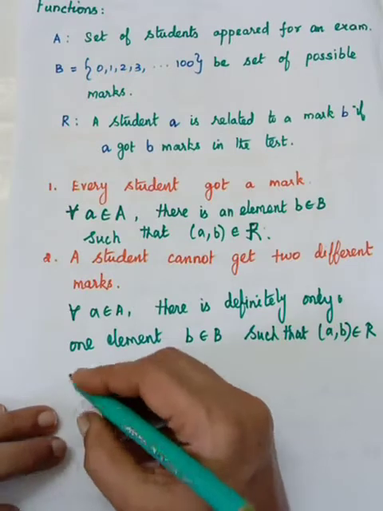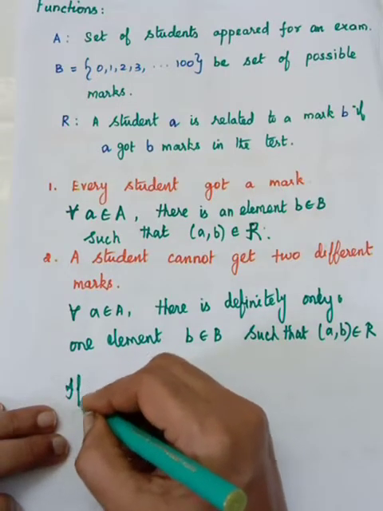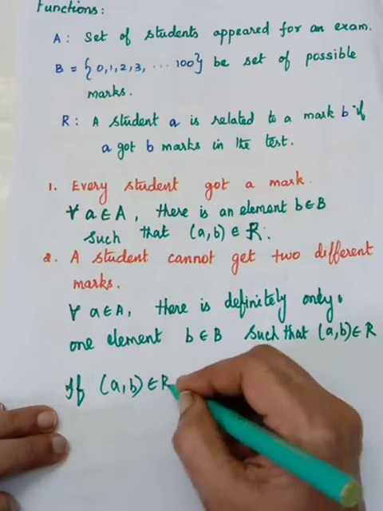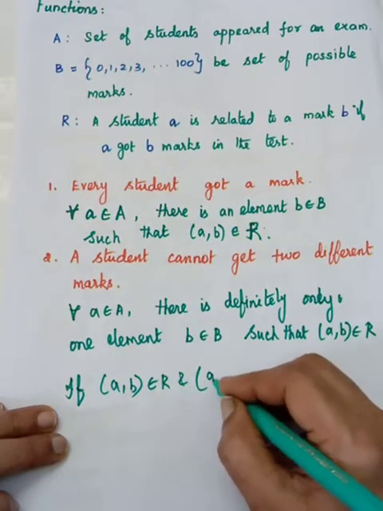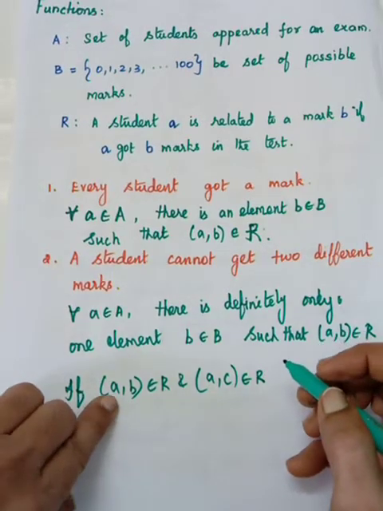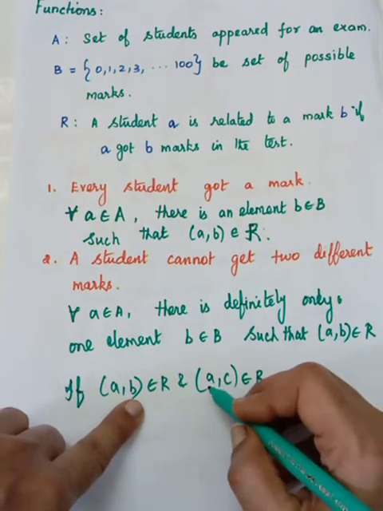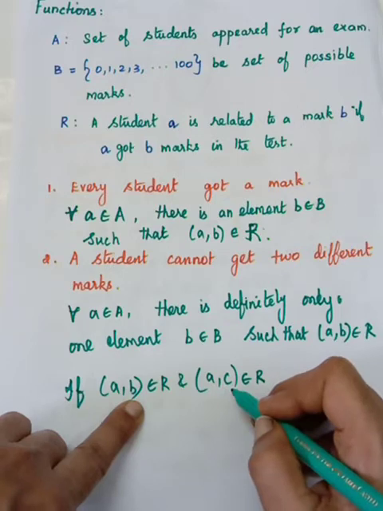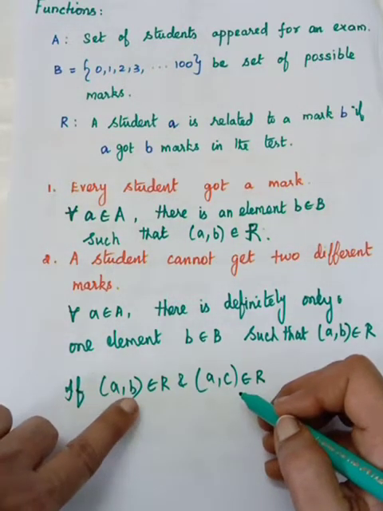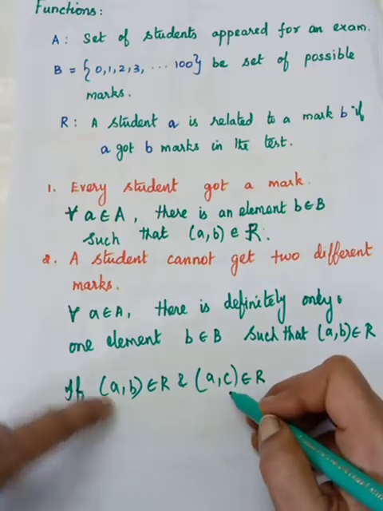In other words, you can also say: if (a, b) belongs to R and (a, c) belongs to R, that means a is related to b and a is related to c. So in this example, a student a got b and c marks.